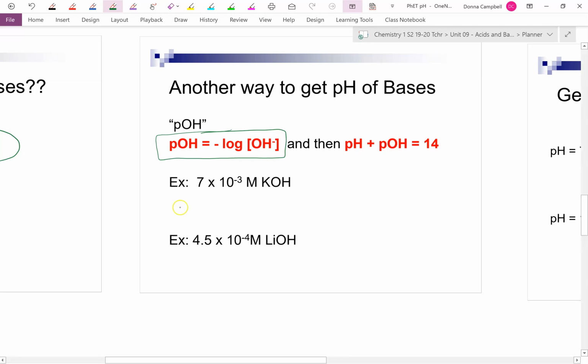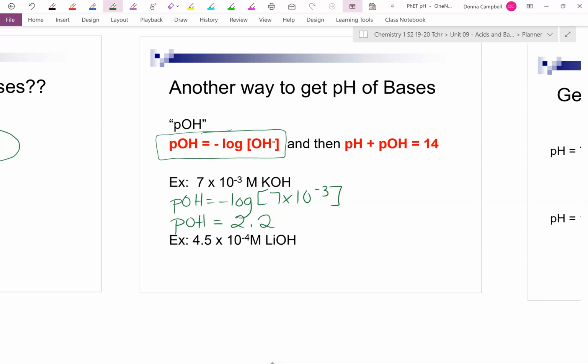So let's do one of these. POH is equal to the negative log of 7 times 10 to the negative 3. So the POH is equal to, having a sig figs problem, but 2.2.